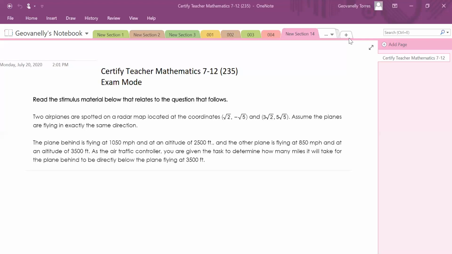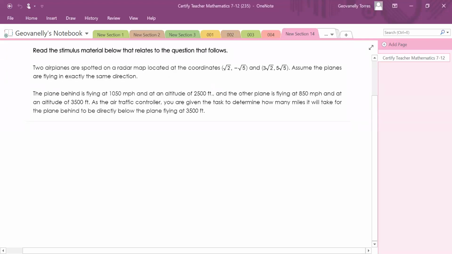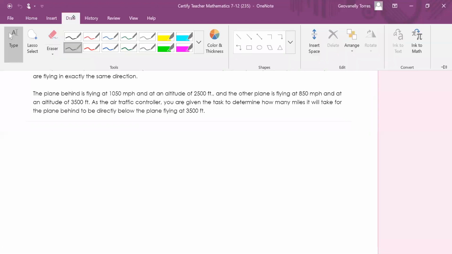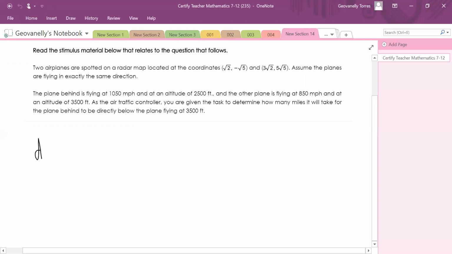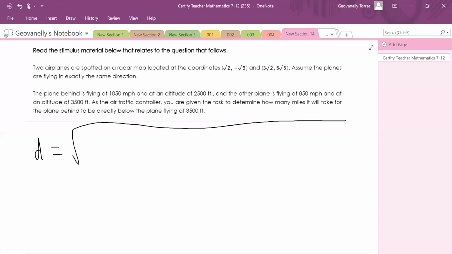So what we first have to do is find our distance. And how we do that is using the distance formula. So in a previous video, I will link it, we solved for the distance formula, but I'll just go ahead and write it again.